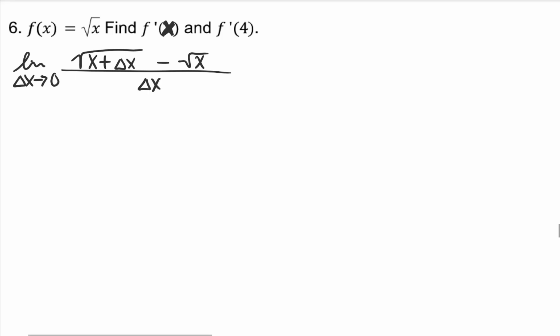When you're evaluating the limit with radicals, then you need to multiply by the conjugate. Rationalize the numerator.